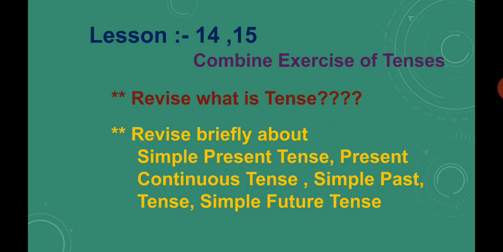According to these rules and the formation of sentences, we will do the exercise to identify which of these four tenses is used in a particular sentence. So we will learn how to identify the kind of tense from the sentence with the help of the form of the verb.